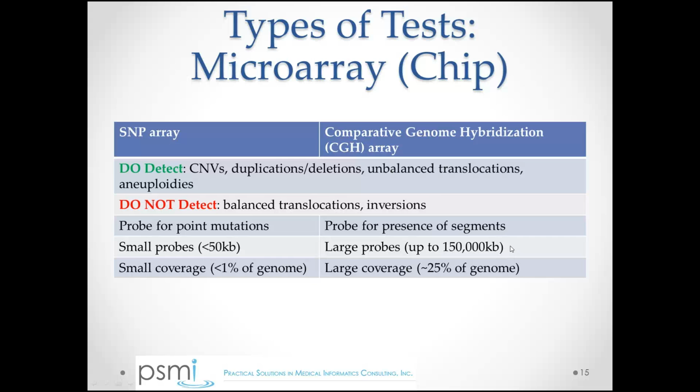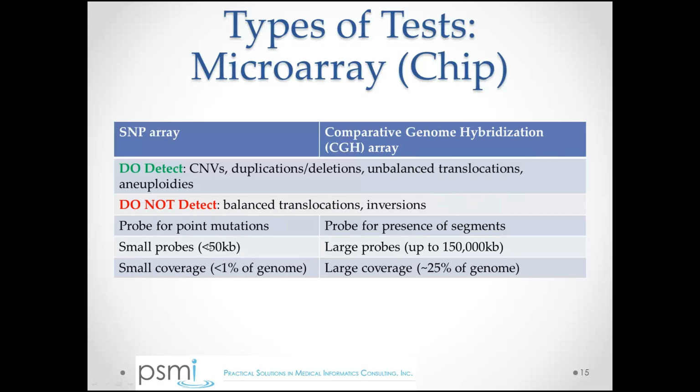And in fact, as comparative genome hybridization first became a real technology, a whole boatload of microdeletion syndromes that previously the genetics weren't known began to be discovered. Large coverage, you can have up to 25% of the genome covered, because you're really looking for the presence of segments.